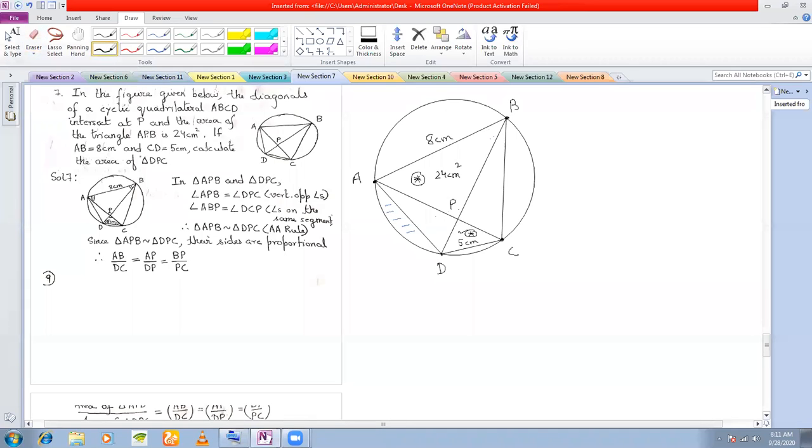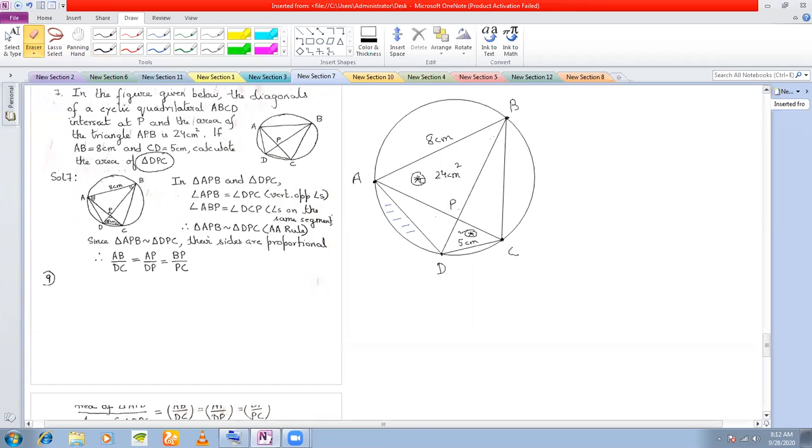Another reason is that the question asks me to find the area of triangle DPC. So clearly APB and DPC are the only pair in which I know the sides, and also they have asked the area, and they also look like your type 1 figure. Therefore, I will proceed to prove these two triangles similar.